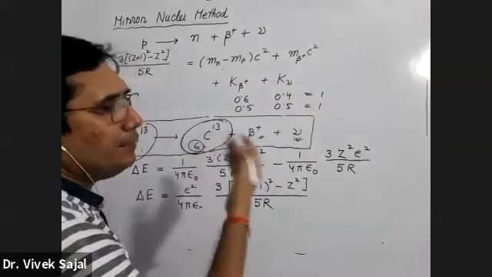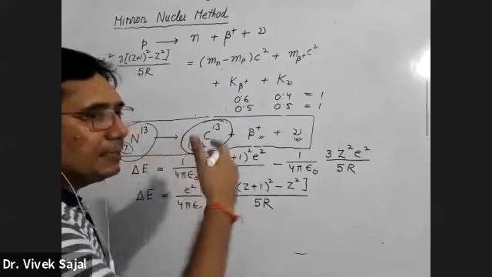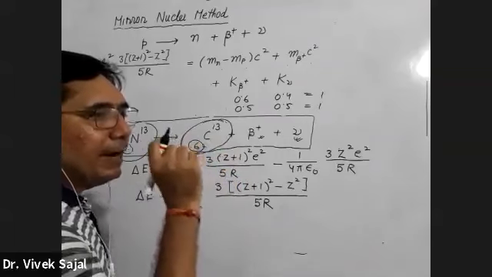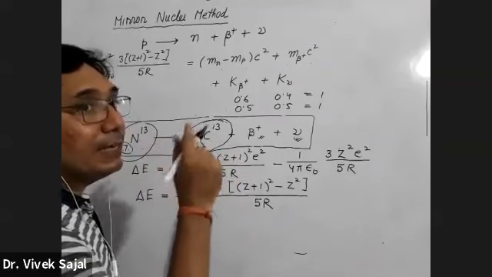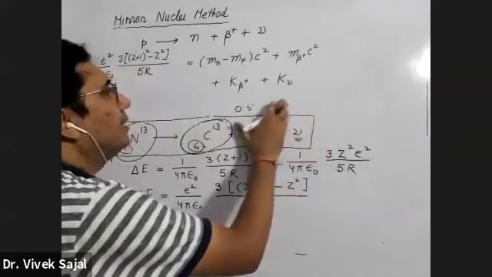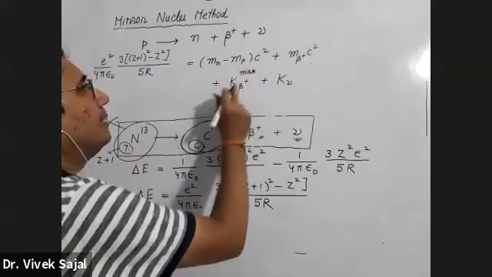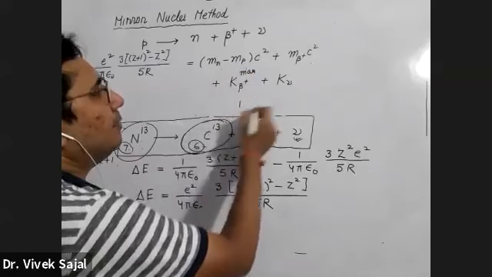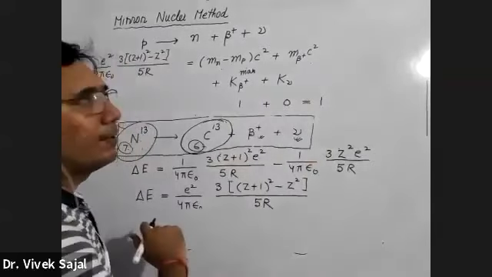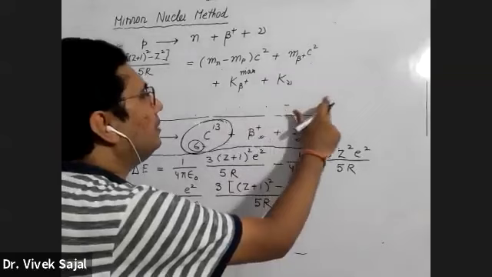So in this emission of beta plus particles from the sample, you can find a beta particle which will carry maximum energy. Okay? So when will this maximum energy occur? When this one is 1 and this one is 0.